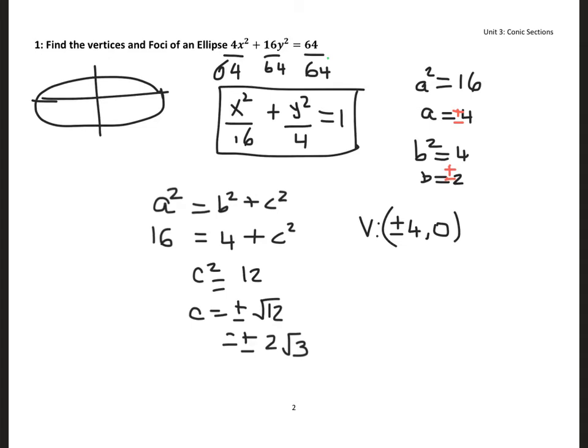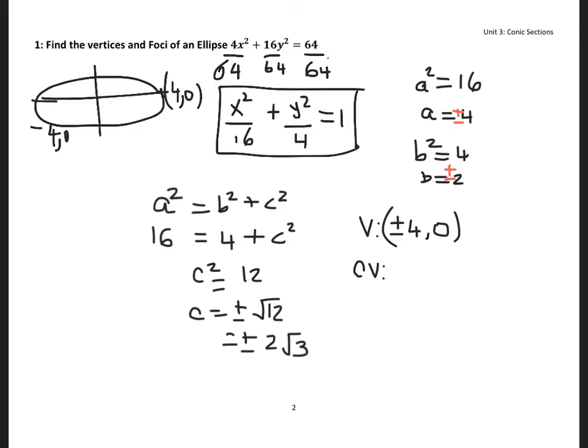I also can find the co-vertices. See, this is 4, 0, negative 4, 0, and this one here is 0, 2, and negative 2.